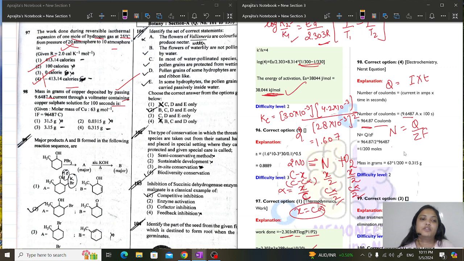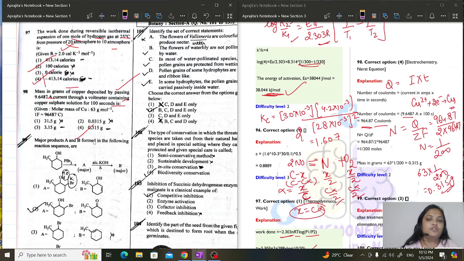Z is 2 here, meaning the number of electrons, because copper gets deposited like this. Q is given, 2 into the value of F, which is 96487. We'll solve it, and it will come out to be 1 upon 200 moles. So the mass of copper would be its atomic mass into the number of moles. It will come out to be 0.315 grams. So it's option 4th.